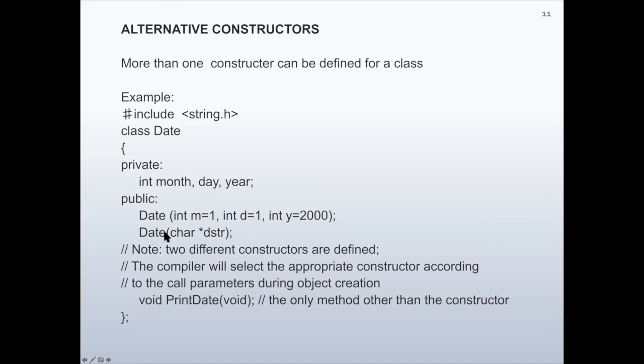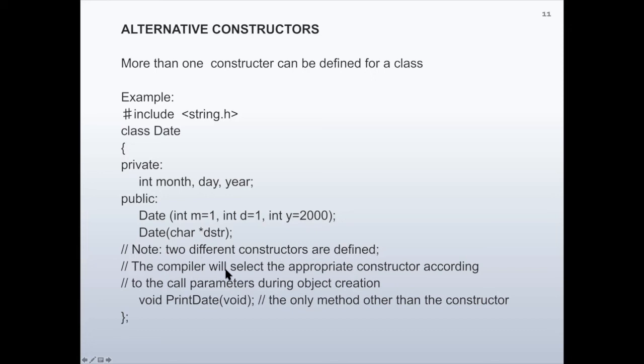The second constructor has a different parameter. Notice that it is character pointer type, which corresponds to a string, and that parameter has the name dstr. Note, two different constructors are defined.